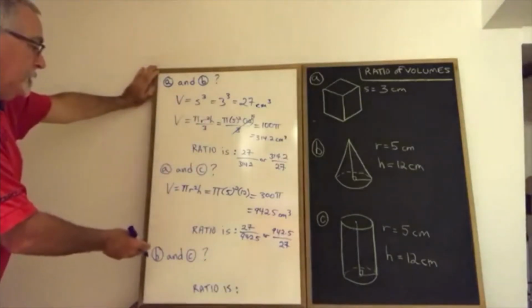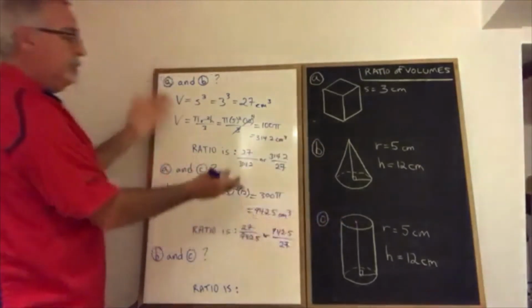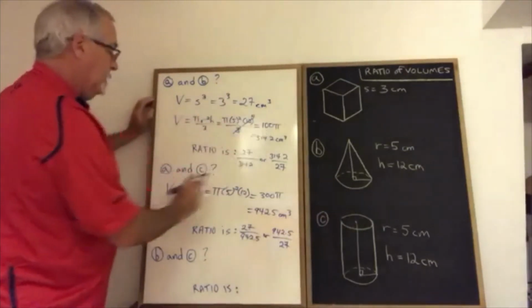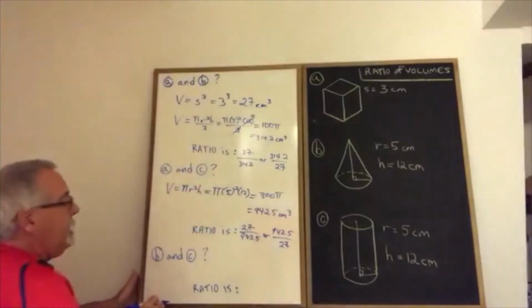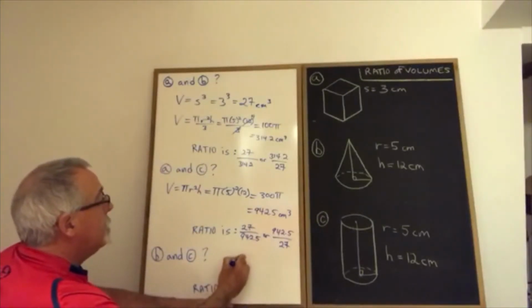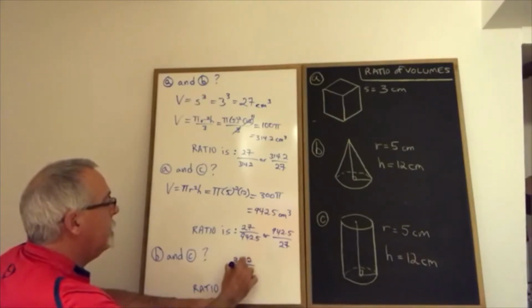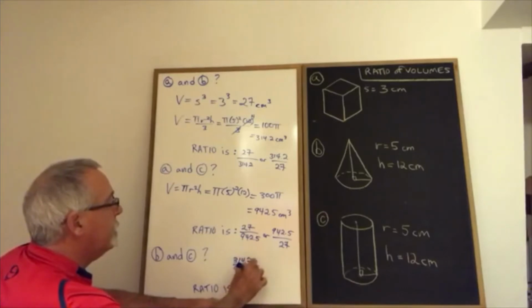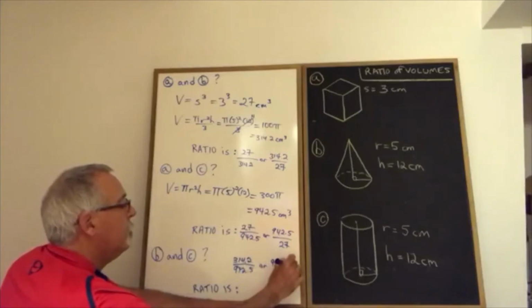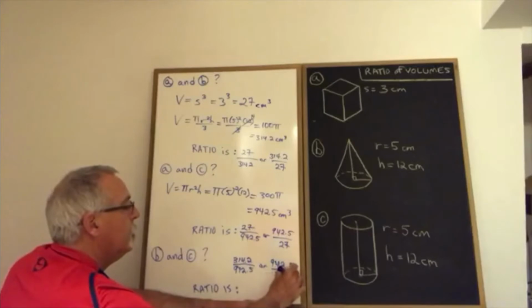Now we're asked for the ratio of the volumes between B and C, the cone and the cylinder. Well, I've done all of the work already for the volume of the cone and the volume of the cylinder. And the ratio is going to be 314.2 over 942.5, or, if I wish, 942.5 over 314.2.